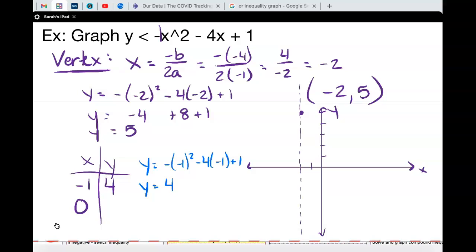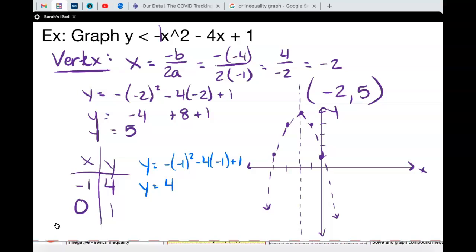Perfect. And then I can reflect that over. And the second one is 1, and reflecting it over right there. Okay, so now I have 5 points for my parabola. Since it was less than, that's telling me it's a dashed line. So something like that.